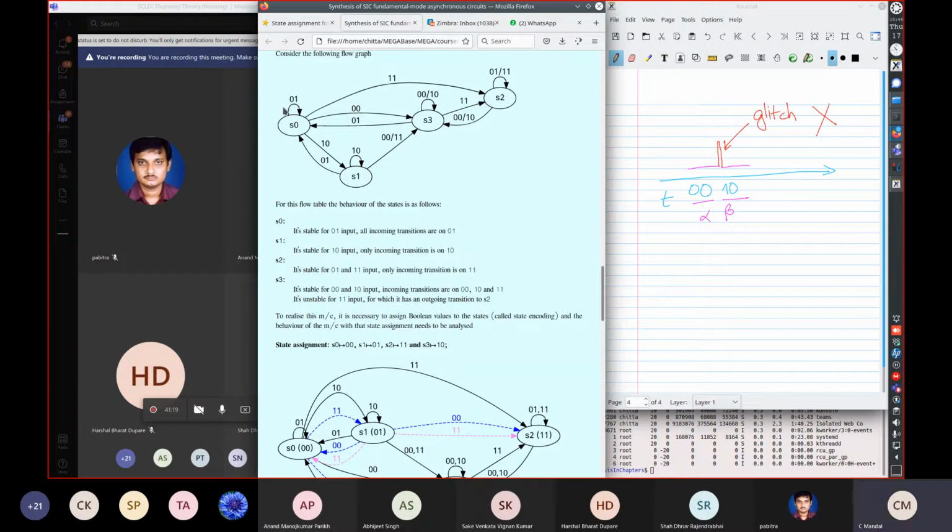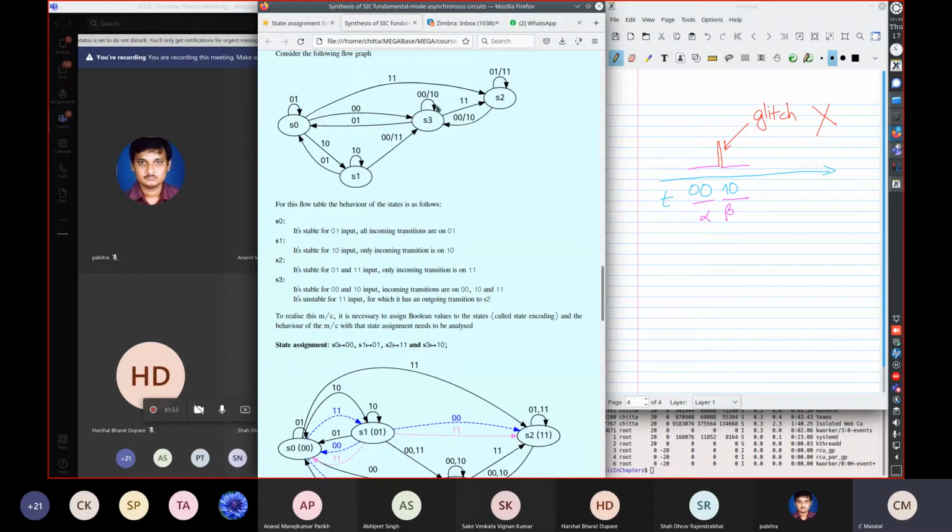S0 is stable. The output of S0 is not specified though. Anyway, it is stable for 0, 1 input.